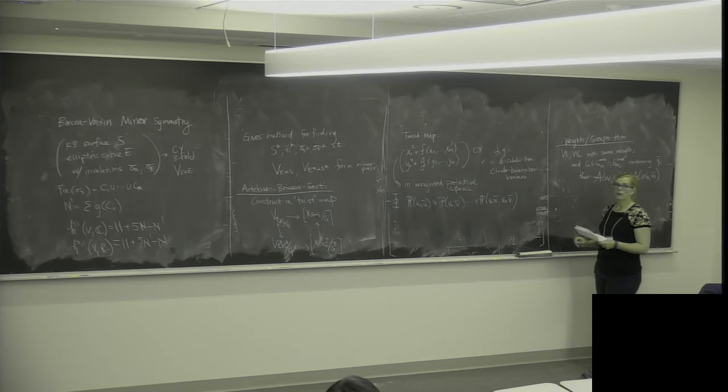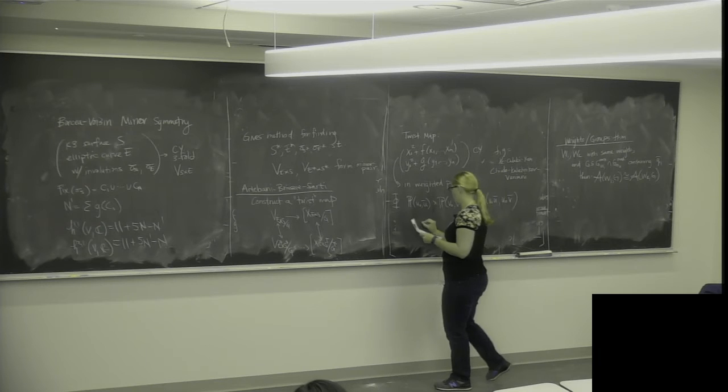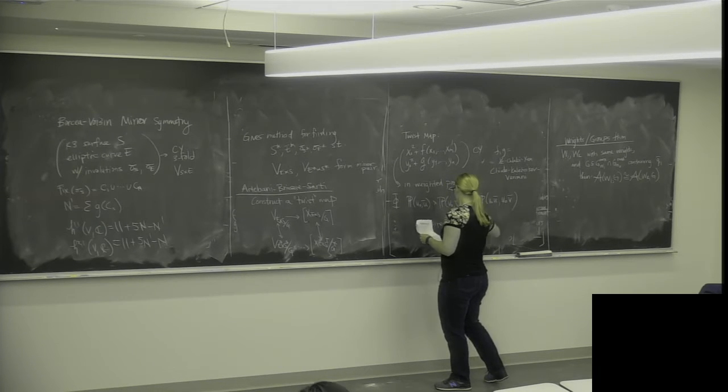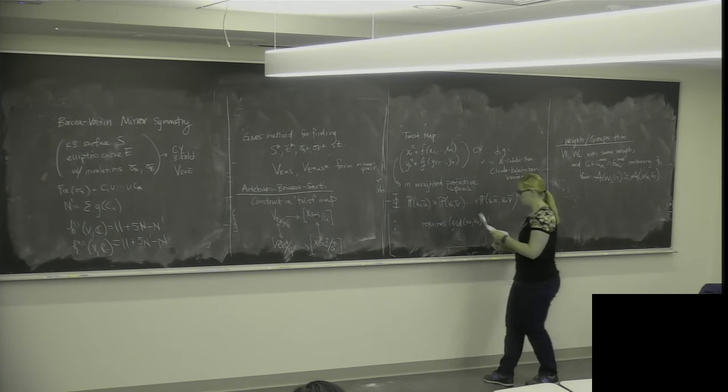I'll spare you the details of this map because I'm running out of time, but I will just say that it requires that the GCD of u naught and v naught equal 1.